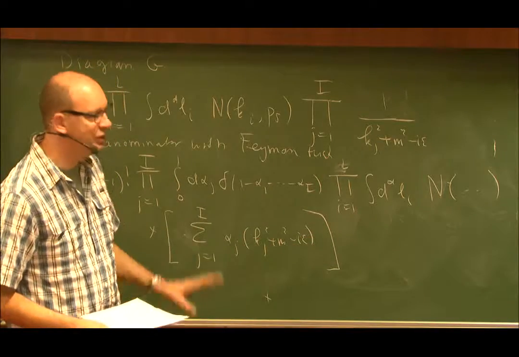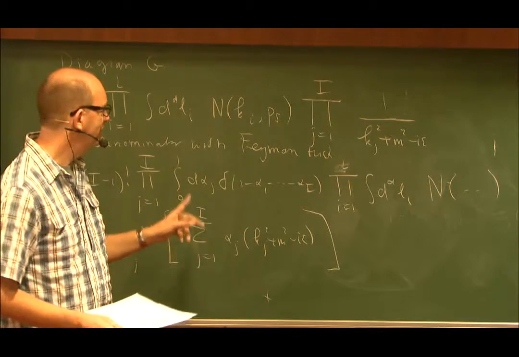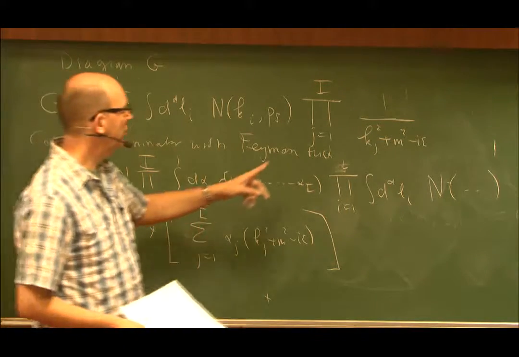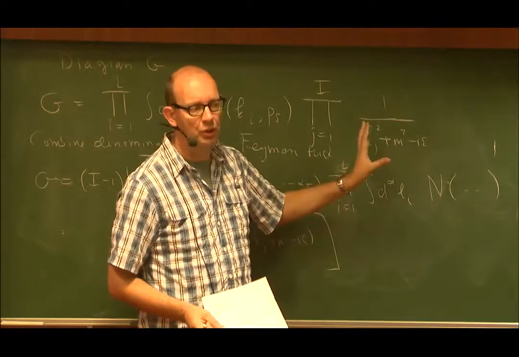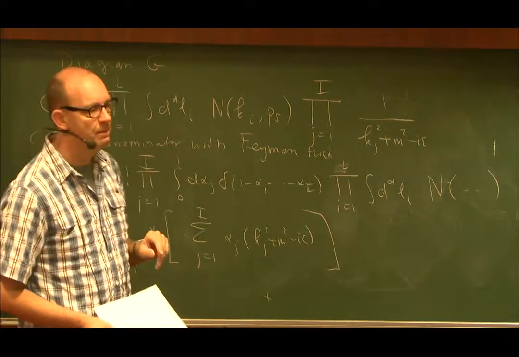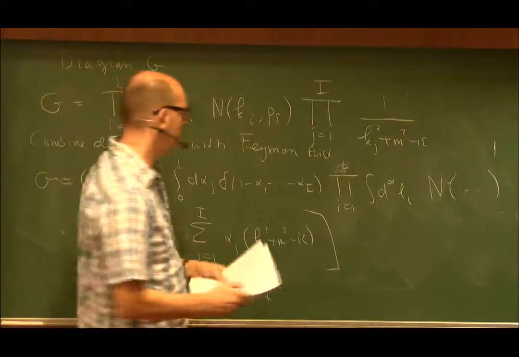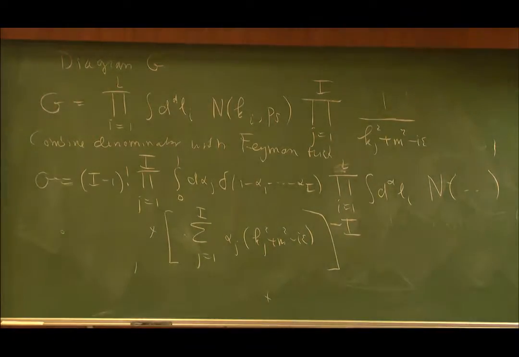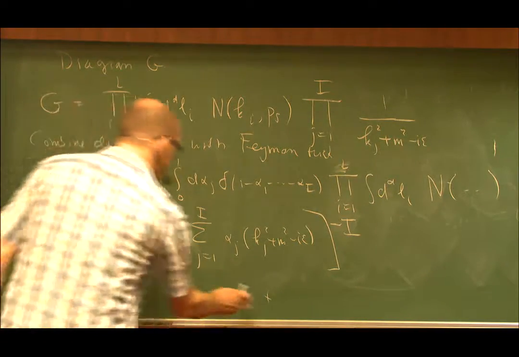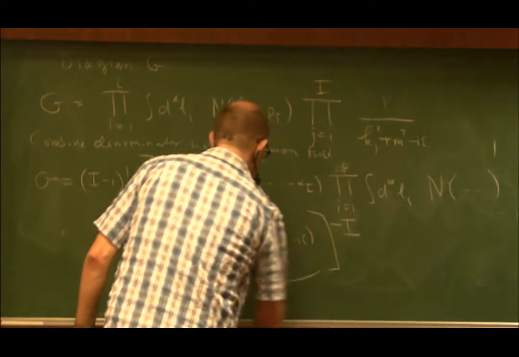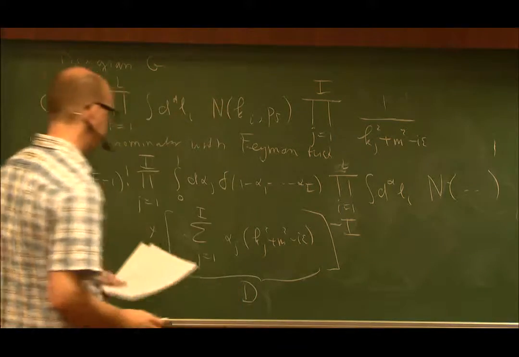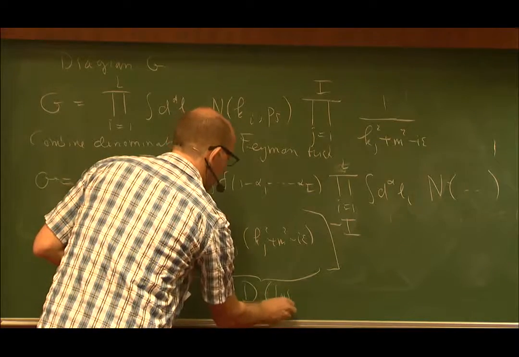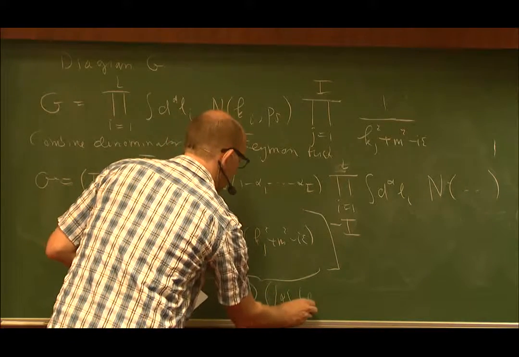The alphas in the general formula were not these; I call the Feynman parameters here alpha. In the general formula we have arbitrary exponents, but here we have all the exponents equal to 1. Not little j, big I. Yes, big I. That's right, minus big I. Okay, this thing, let me call big D for denominator. And it typically will depend on the set of Feynman parameters and on the loop momenta.